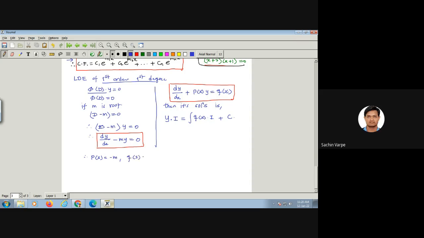Q of x is 0. So with this P of x, what will be my integrating factor? I will be e to the power integration of P of x dx, isn't it? So that is e to the power integration of minus m dx. So what it will be? It will be e raised to minus mx. Clear to everyone?